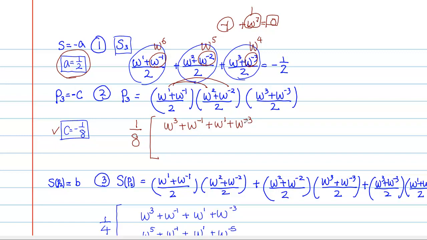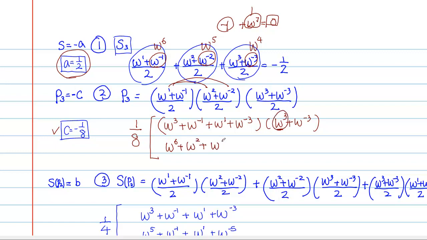Now after this, we multiply W3 and W negative 3 again. Now try this one from this one. W3 times W3 is W6, W3 times W negative 1 is W2.